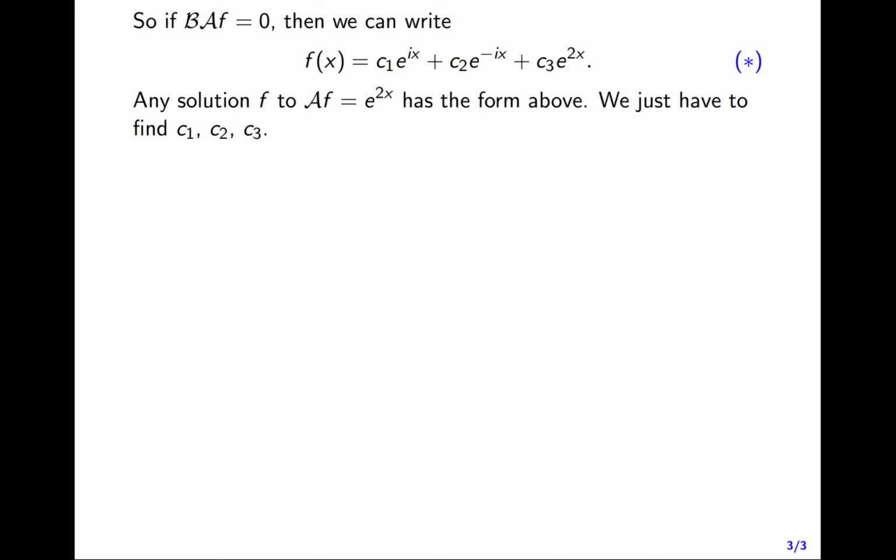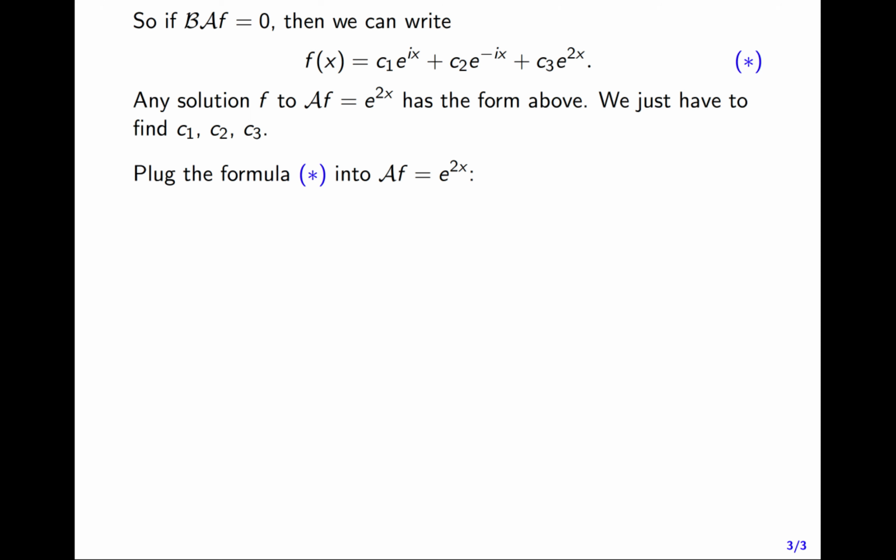So we just have to figure out what c1, c2, and c3 are. And I think we can already expect that we will not be able to determine precisely what c1 and c2 are, because c1 and c2 are coefficients attached to the fundamental solution set for a, and in our general solution to af equals e to the 2x, we should have an arbitrary linear combination of functions from the fundamental solution set.